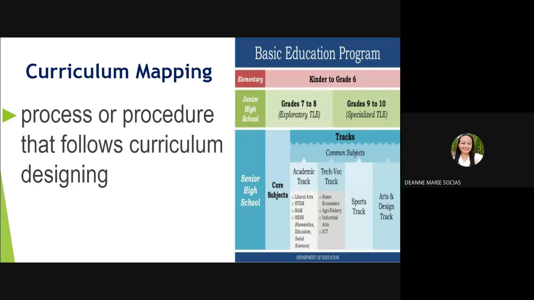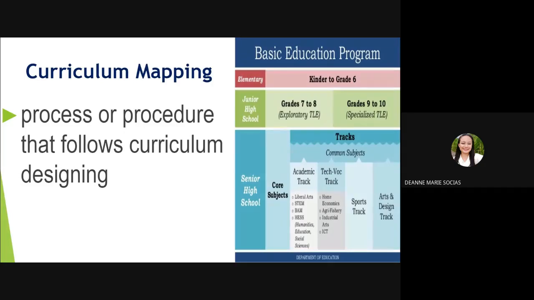The use of the map is to identify or address the missing curriculum, or finding the proper procedure in getting the curriculum and delivering it to the students.